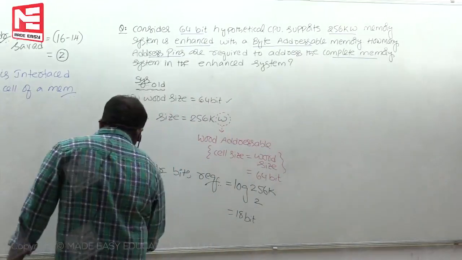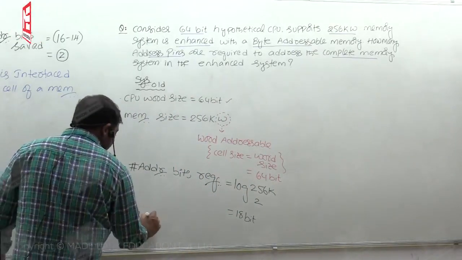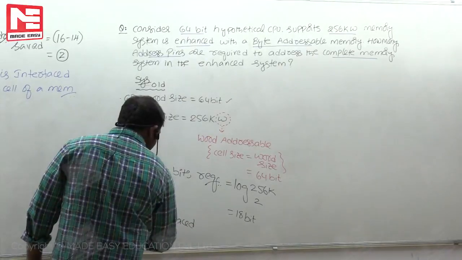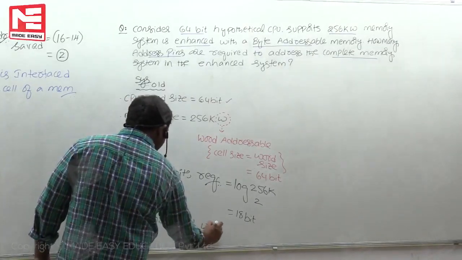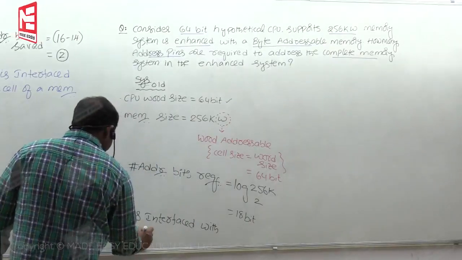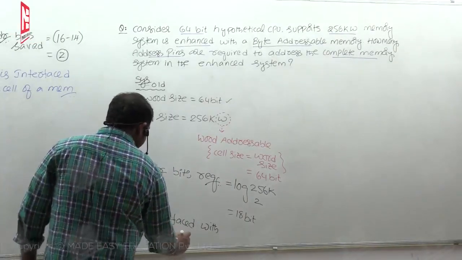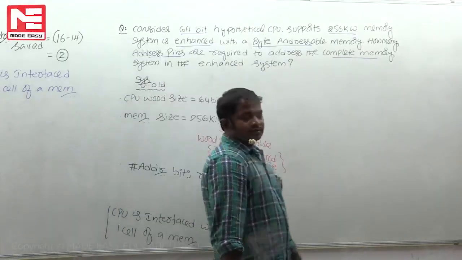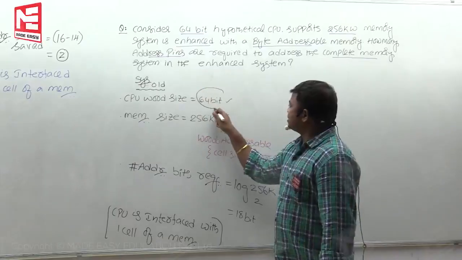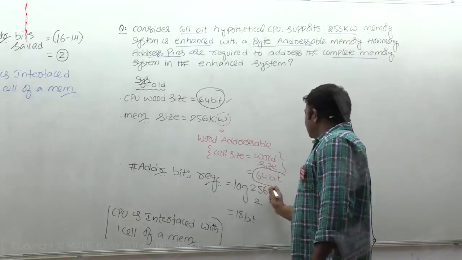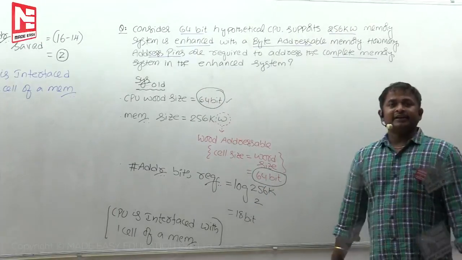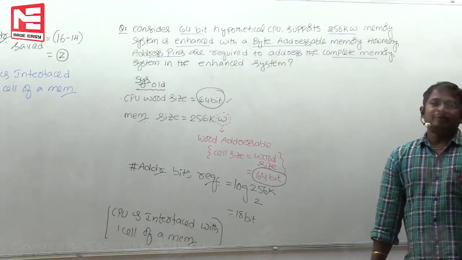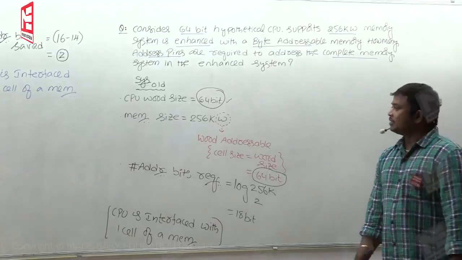So here the CPU is interfaced with one cell of a memory. Okay, because CPU word length is 64. Memory cell length is also 64. 64-bit data required for the CPU is available in one cell of a memory. That's why one cell is interfaced.